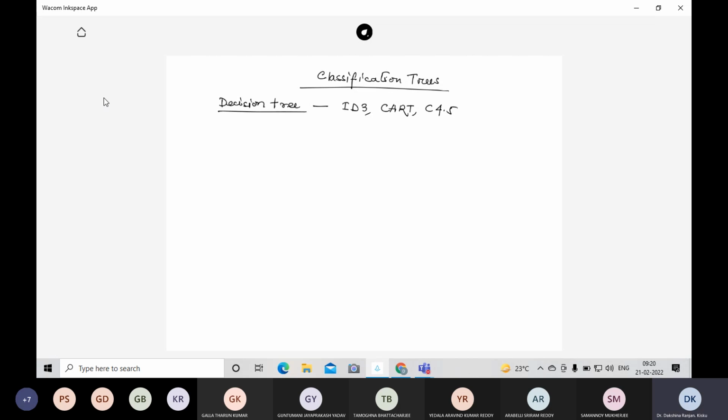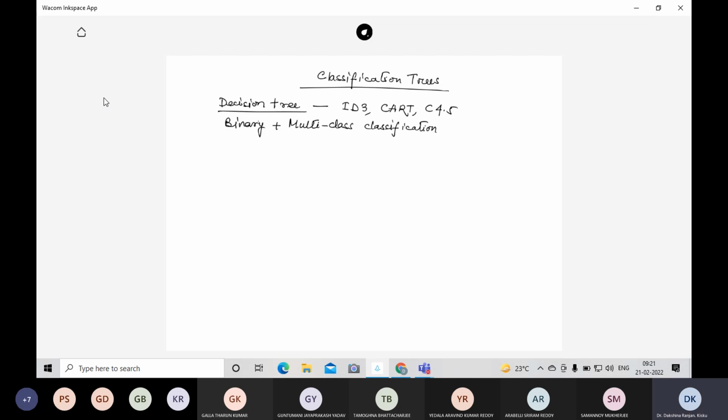Okay, so if we use an unknown example to get the classification label or the class information, then we can use the decision tree, and decision tree can be used for both binary classification as well as for multi-class classification. Okay, so for both purposes we can use the decision tree.